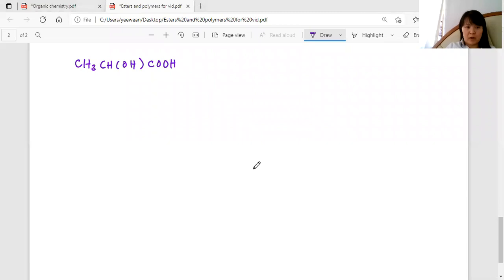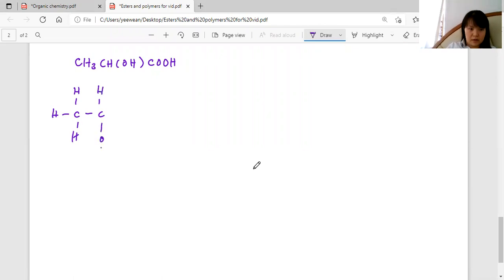Some polymers can polymerize with themselves, so just repeat many of these, as long as the monomer has two functional groups that can be polymerized. So there's the OH here and the COOH here. These are the functional groups that we need to polymerize. But we may want to redraw this so that the alcohol and the carboxylic acid are at the terminal carbons, and we'll shift the other stuff to the top and bottom.